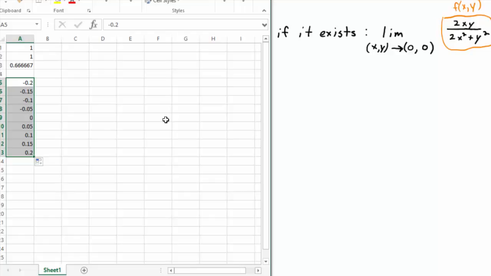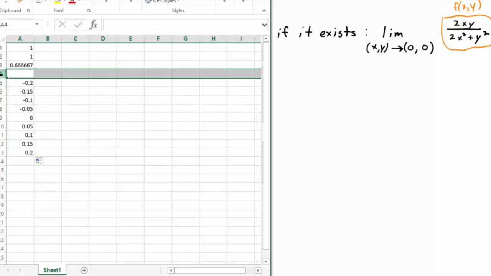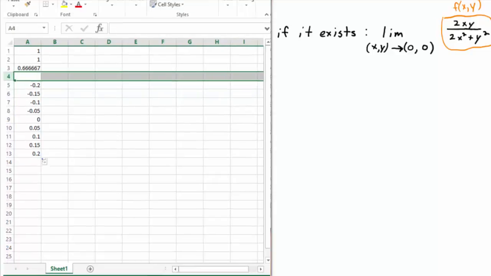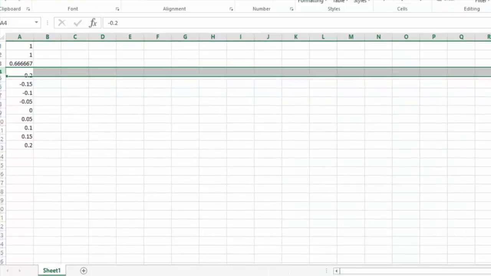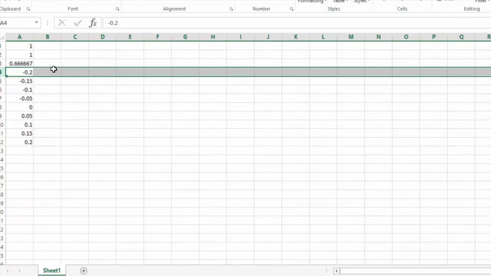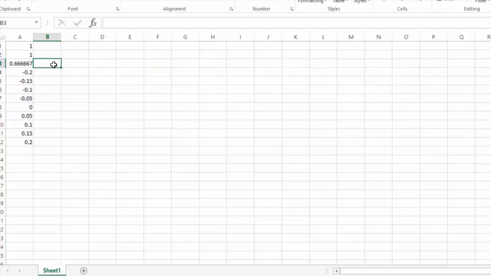And then I want to put the same inputs across the top. Okay, so I want to put the same values across the top. So we'll start at negative 0.2 again. I probably could copy and paste, but I'm not going to. Negative 0.15.